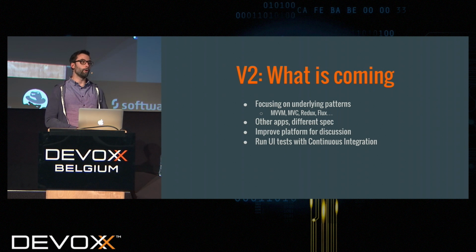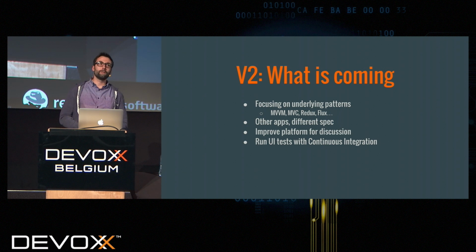Because I know that we've all seen to-do apps, and they are very boring. So we'd like to have something different. In terms of different patterns, there's no MVC for now, or there's no Redux or Flux. It'd be amazing to have comparisons between Redux and Clean, or Redux and Rx. So that's also in the roadmap, and we'd like to work on that.